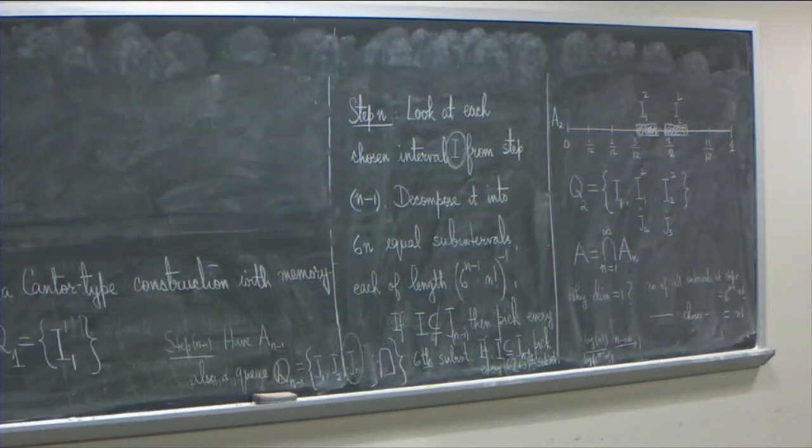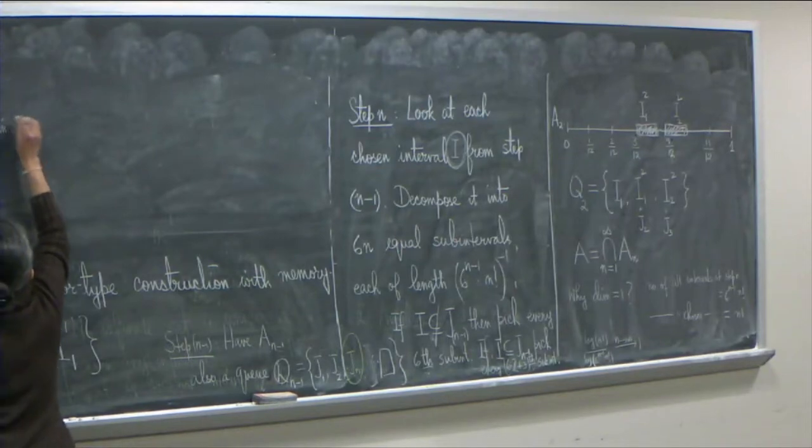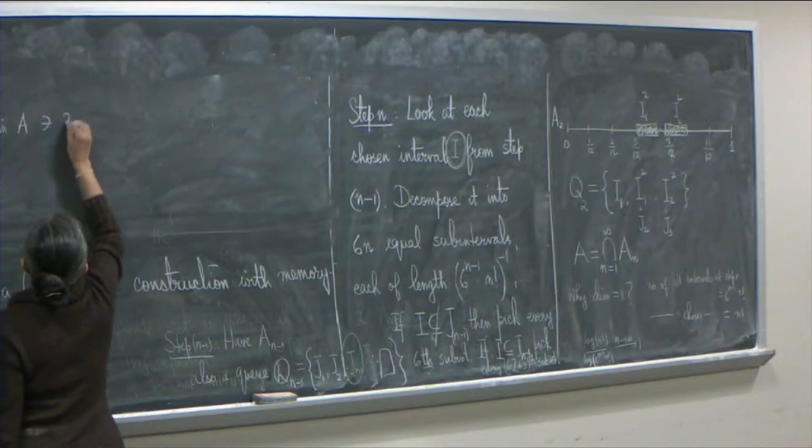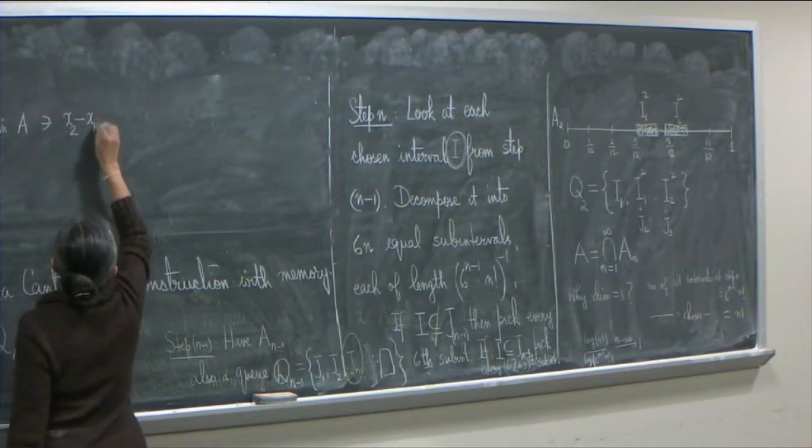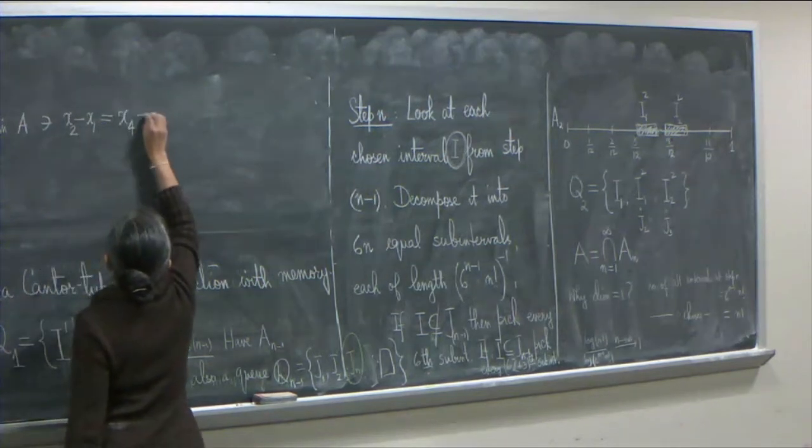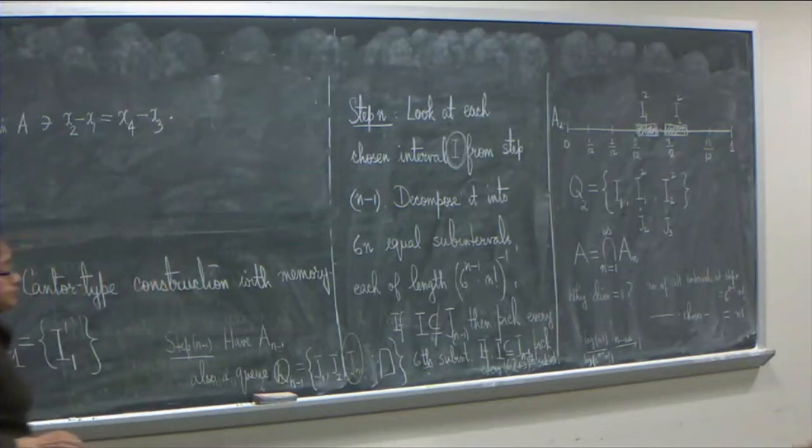So, suppose there exist x1 less than x2 less than x3 less than x4, all in A, such that this equation is satisfied. We need to get a contradiction. Okay.